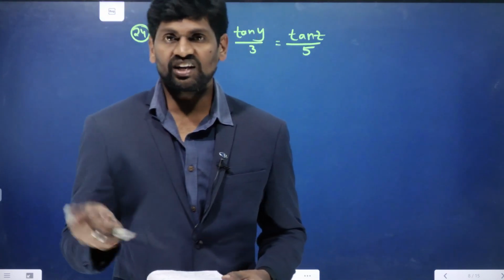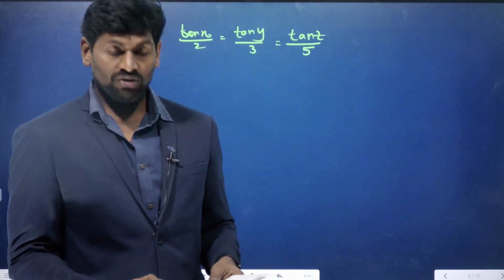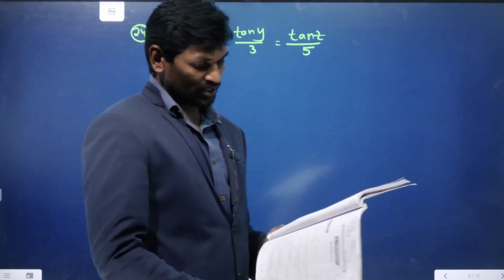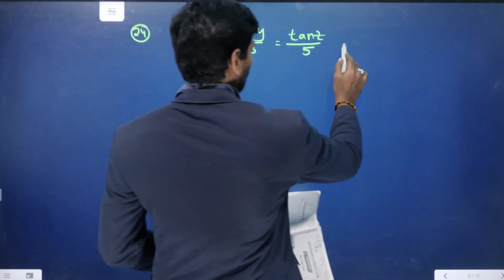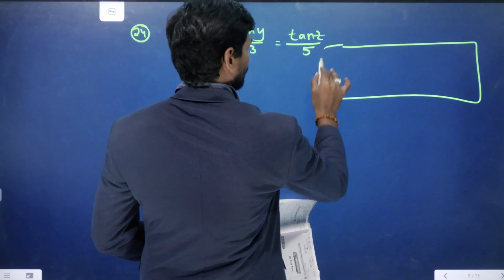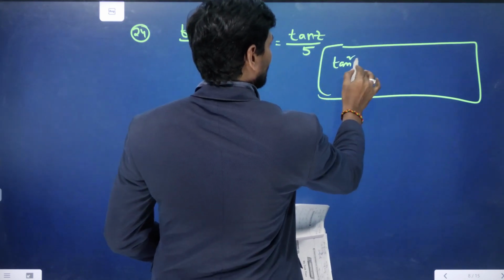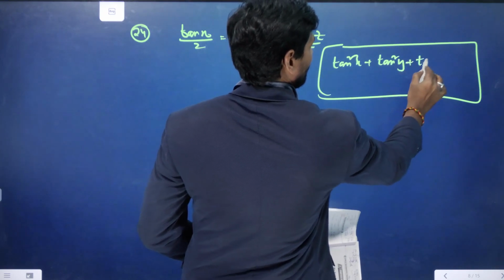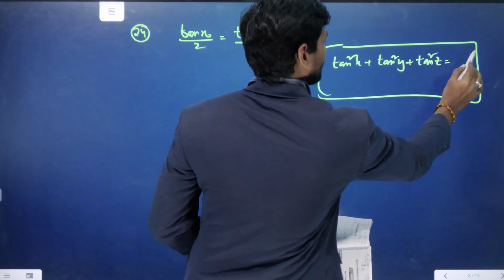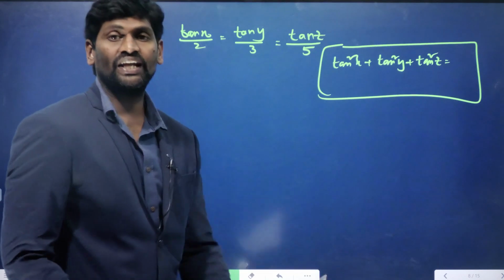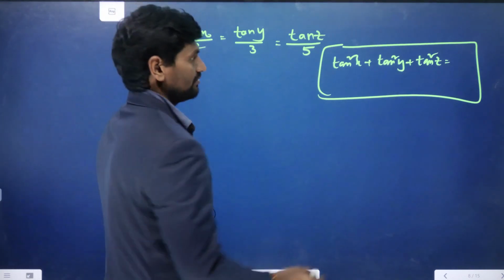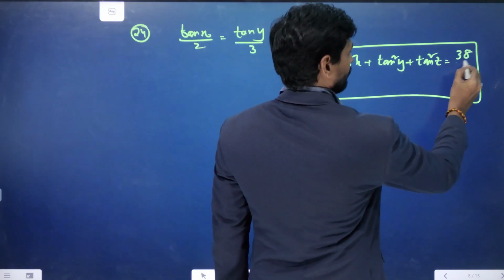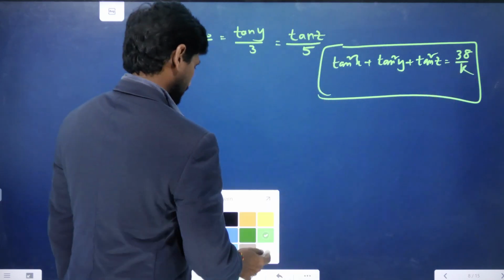They are the angles in a triangle. Now we need to find tan square x plus tan square y plus tan square z equals 38 by k. K value we need to find.